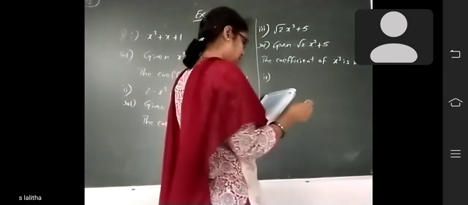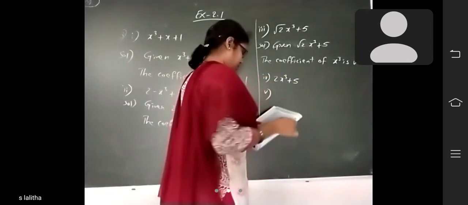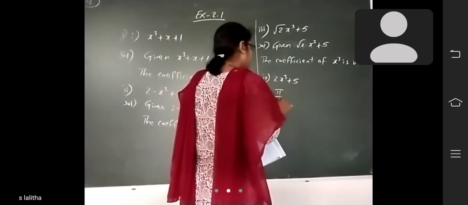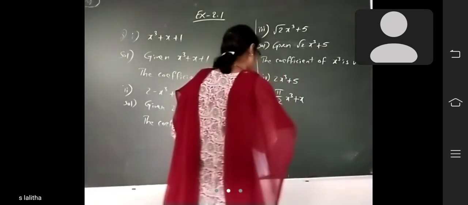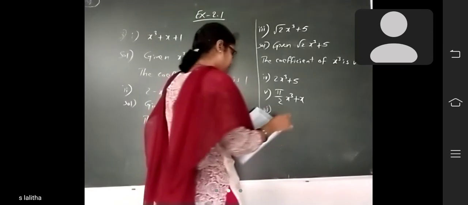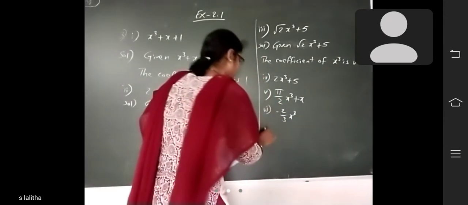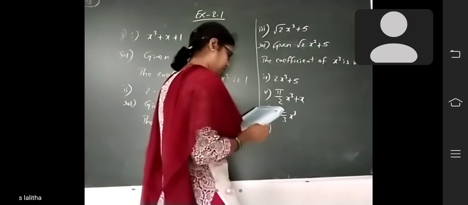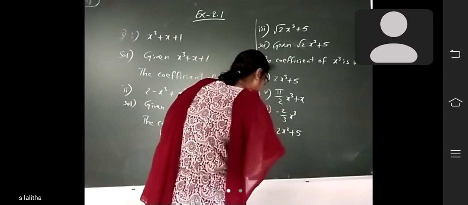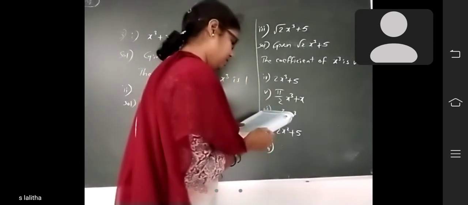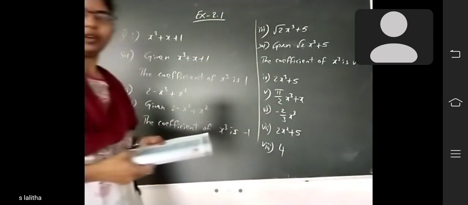Fourth question is 2x cube plus 5. Fifth one, 5 by 2 x cube plus x. Sixth one, minus 2 by 3 x cube. Seventh one, 2x square plus 5. Eighth one, 4. Okay.